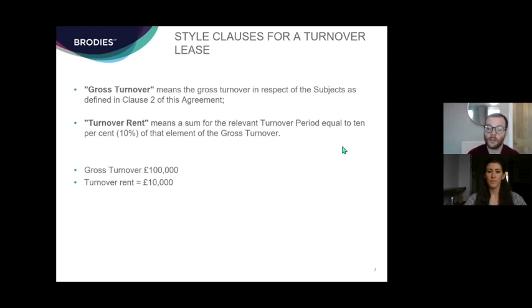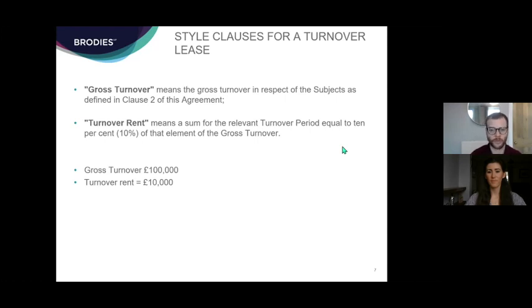So what we've got here is the definition of gross turnover, and we'll come on to discuss what that means later on in the seminar. But as I said previously, generally the landlord wants as much as possible to be included in that figure. And the reason for that is because the turnover rent is then generated as a percentage, in this example, of the gross turnover. So in this example, it's 10%. So I've just used very straightforward figures to illustrate that. So if the gross turnover is £100,000, then the turnover rent would be generated at £10,000.